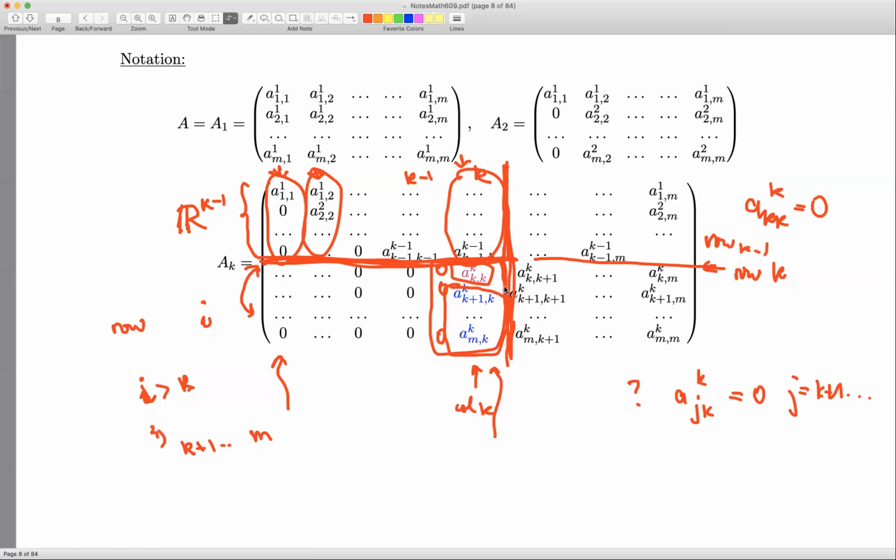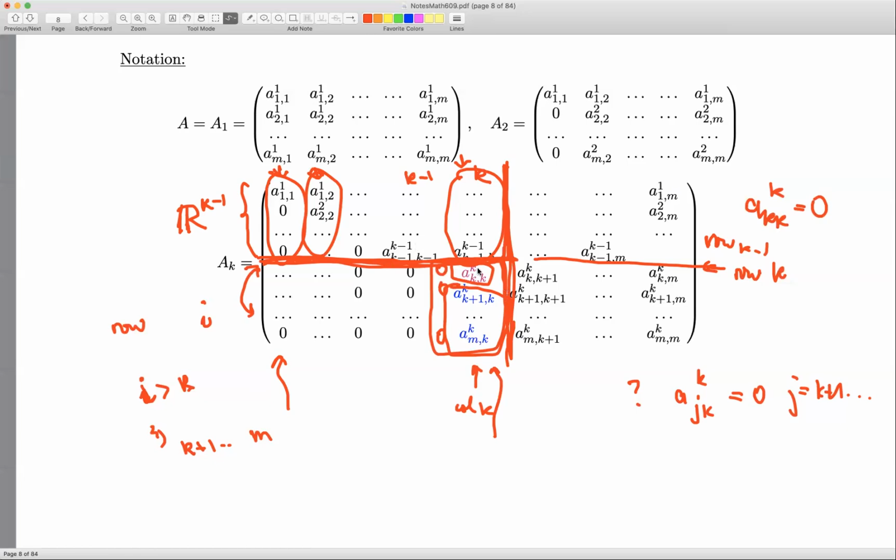But if these vectors are linearly dependent, that would mean that the determinant of the matrix A_k is equal to 0, which would contradict the assumption that the determinant of the original matrix A was different from 0, because we always considered matrices that are invertible.